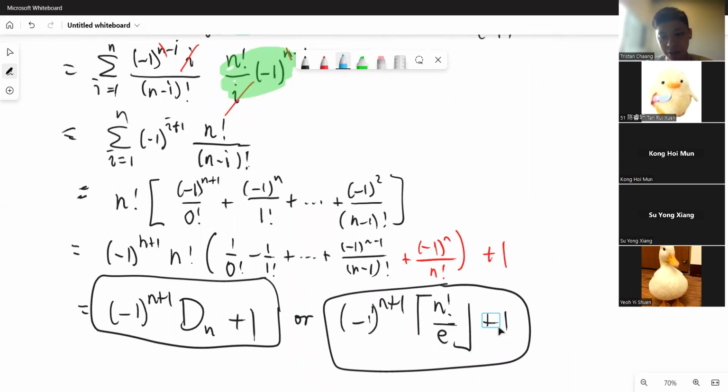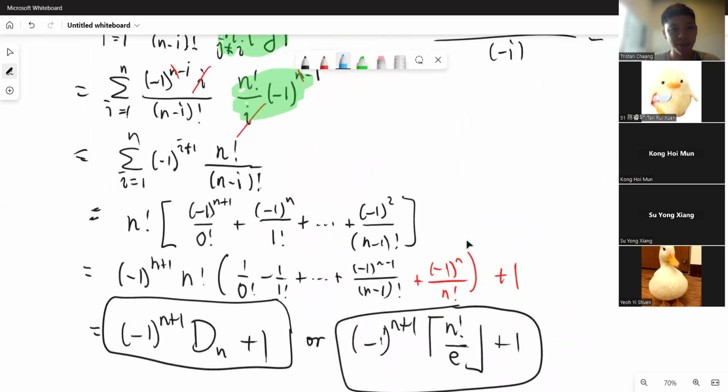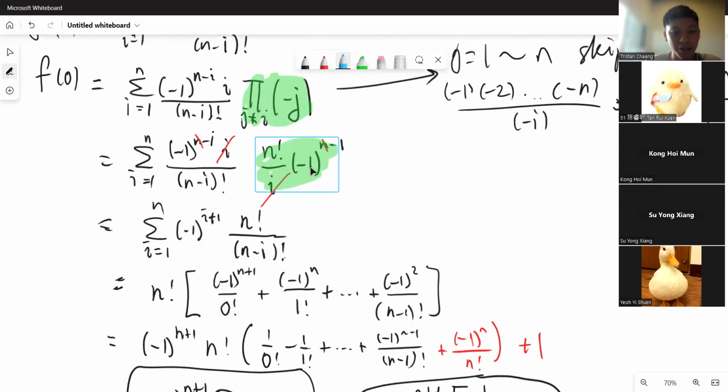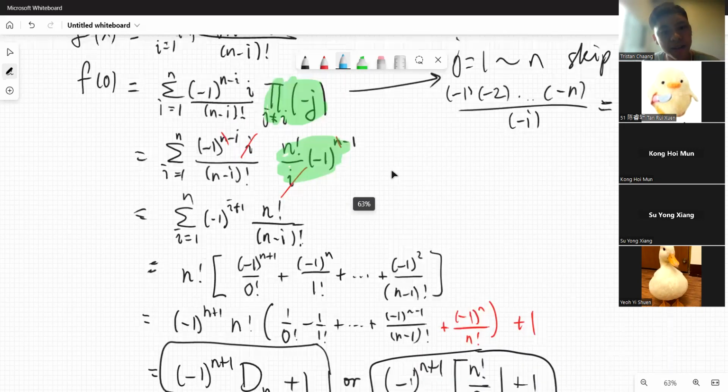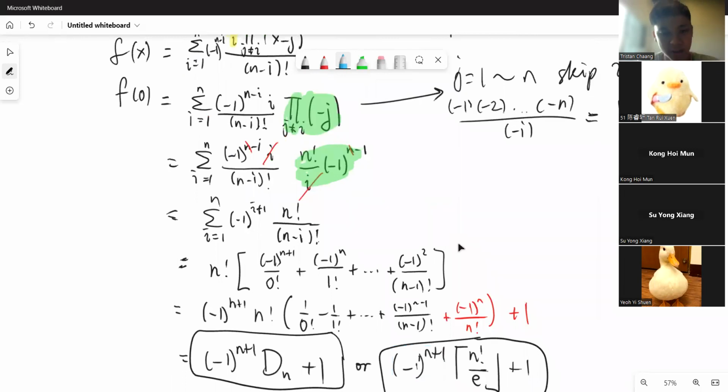I'm not sure if you're going to have a +1 or not. But it's going to be something like n factorial times e instead of divided by e, because there's this term that's gone. Oh wait. Actually no. I think it's still n factorial over e. Well, you can try that yourself. But I think it will be a similar answer to this.